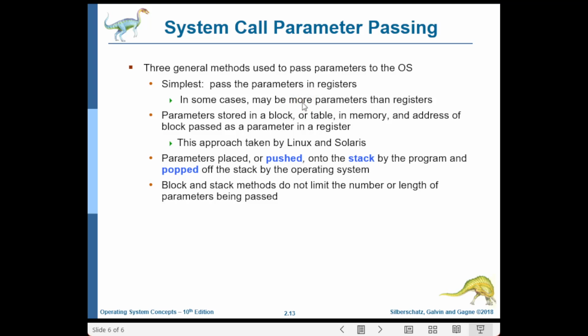If there are more than 4, we can store the parameters in a block or table in memory, or we can use a stack. The most effective technique is to use a stack to pass parameters to the system call.